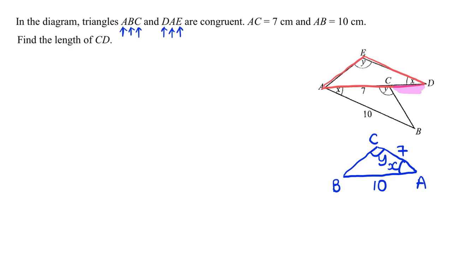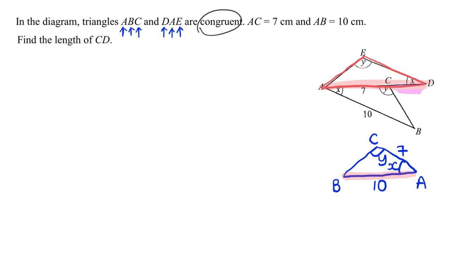So in order to find the length of CD, I must know the length of AD. So AD and AB are the corresponding sides. That means, and they are congruent triangles, yes?